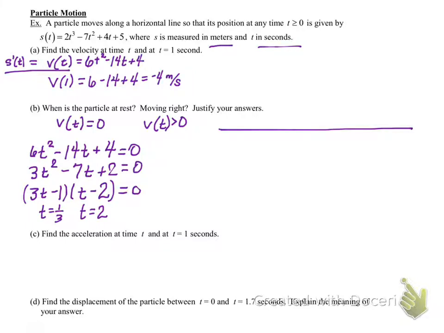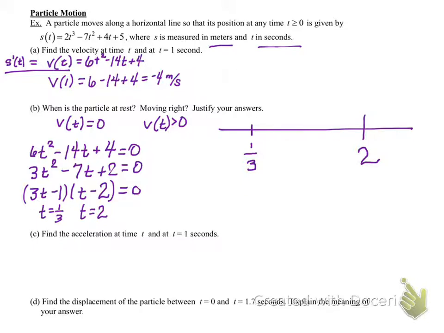Right. Now we get to the tricky bit. We know that our velocity is 0 at 1/3 and at 2. So we look at a number line and we need to examine the signs of our function.